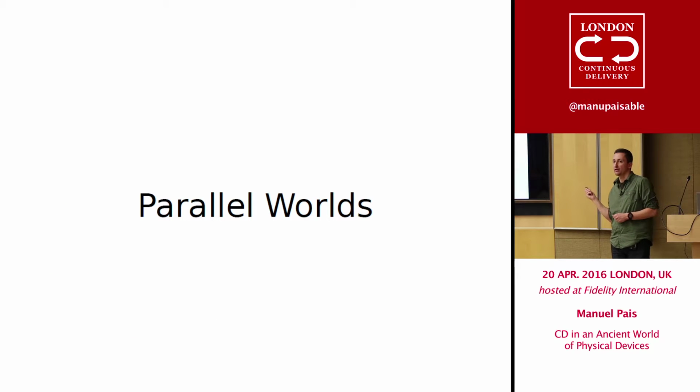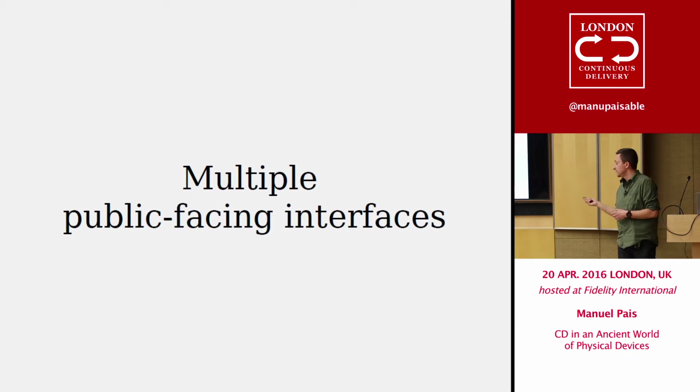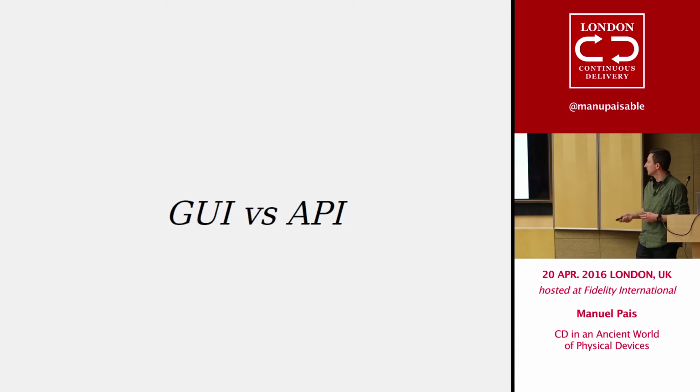So the final one I'll go through kind of quickly is basically we wanted the ability to use the same scenarios to test different interfaces or different access to the application. So either use the graphical interface, or maybe if we have an API, we wanted to be able to run the same test against the user interface and against the backend and see if we got the same results.